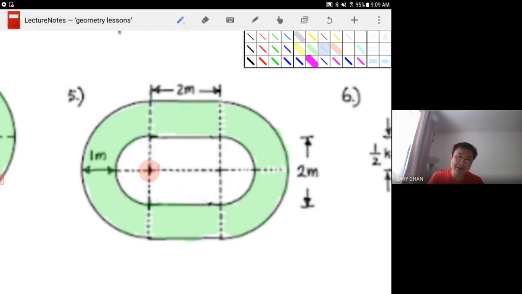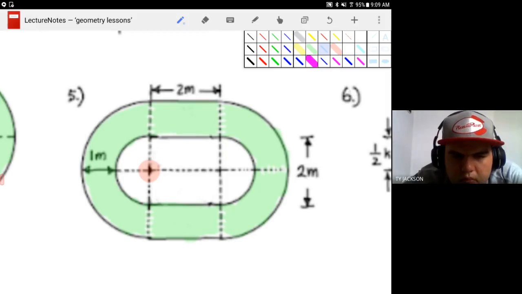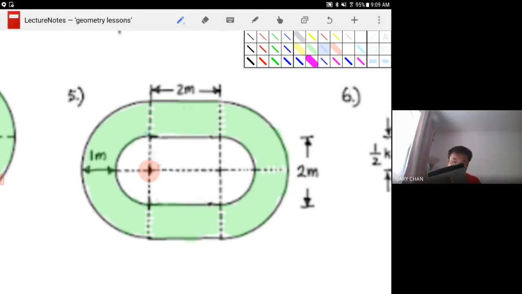Everyone see what I highlighted in pink? What's the significance of that point there? Does it signify like the distance between the... No, I don't know.